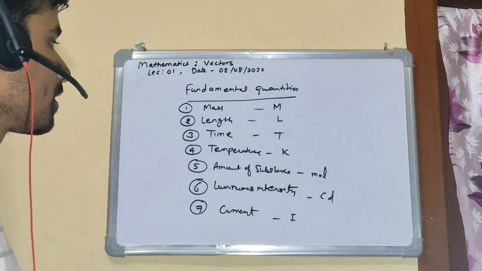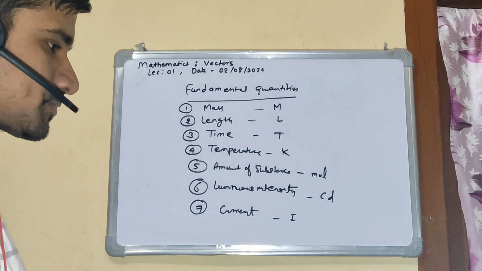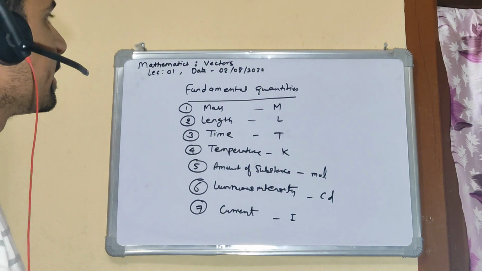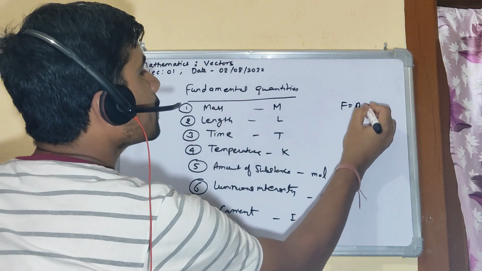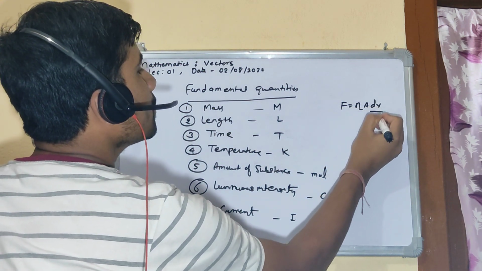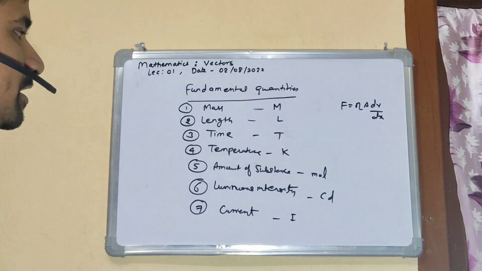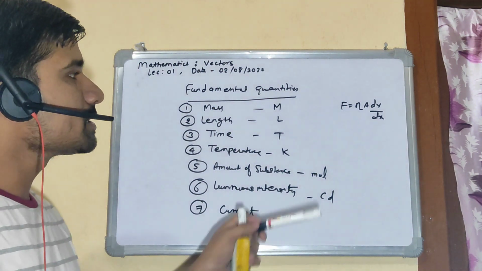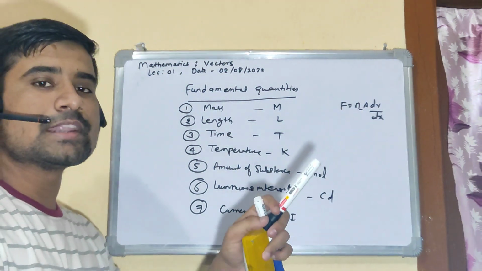Okay. So let's take an example. This is a formula. You can ignore the formula for now, but it is just to give you an insight into how everything can be derived from these fundamental quantities. So this is the formula for viscous force, right? Viscous force occurs between layers of liquid.